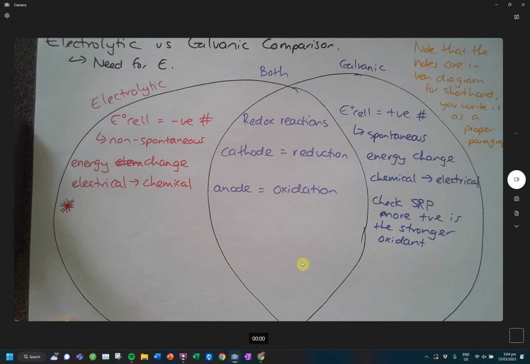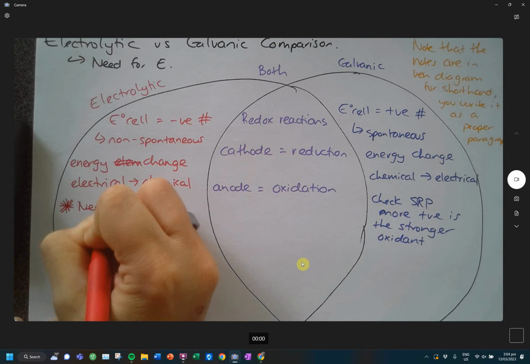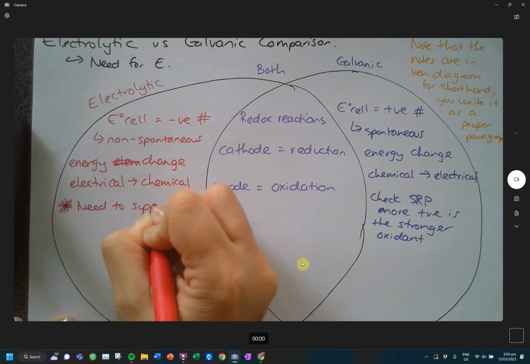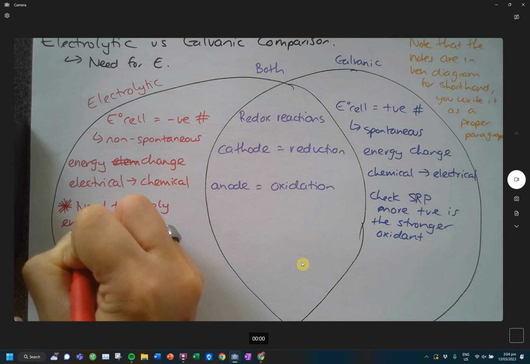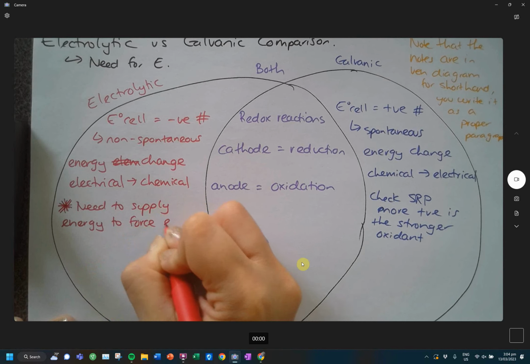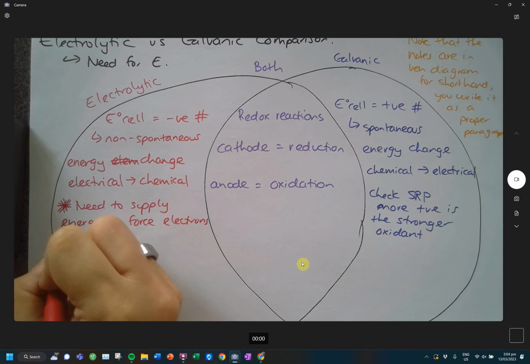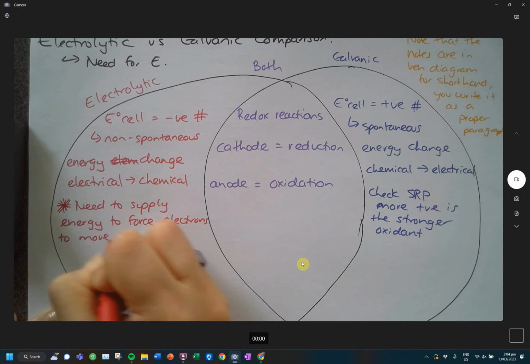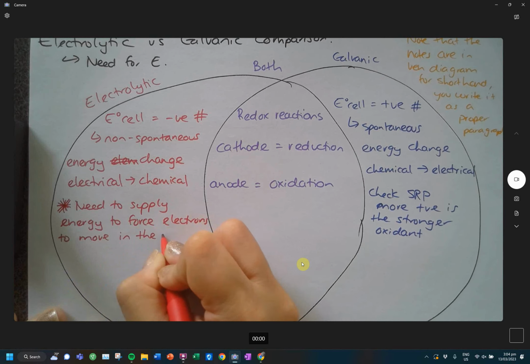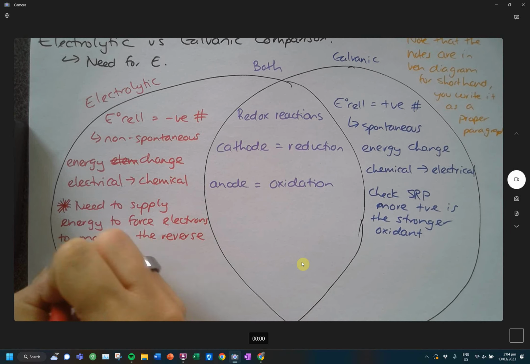We need to talk about how we need to supply energy to force electrons to move in the reverse of the natural direction.